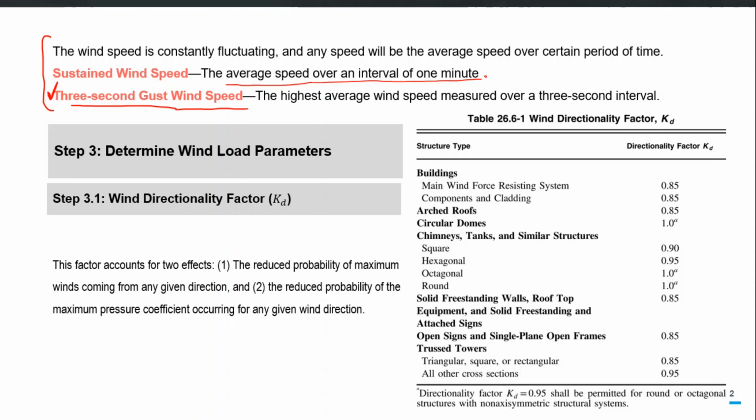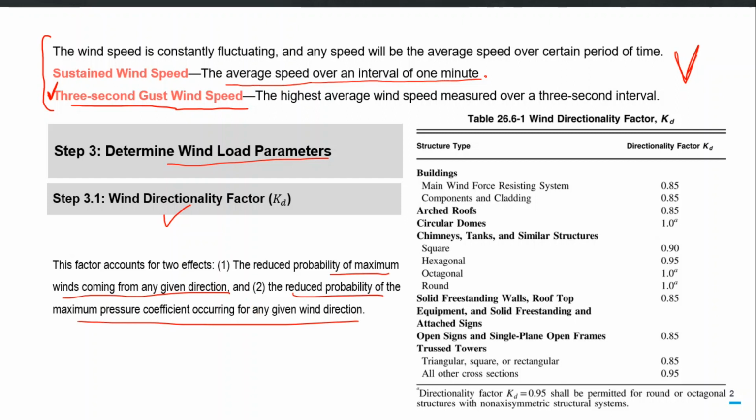So then once we establish the design wind speed V for our site, we go to step 3, which is the determination of all wind load parameters or coefficients. First is the wind directionality factor KD, which accounts for the reduced probability of maximum wind coming from any given direction, and also the reduced probability of the maximum pressure coefficient occurring at any given direction.